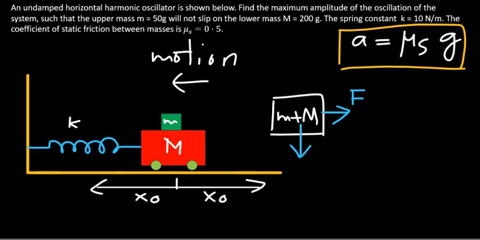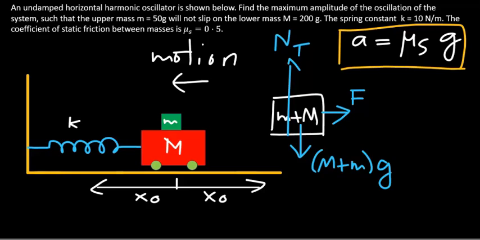And then, of course, you have the weight, which is capital M plus little m times gravitational acceleration. And then there is this normal force that you can write as N with a subscript T going like that from the floor. And don't forget the acceleration of the system. It is the same acceleration as we have determined before.